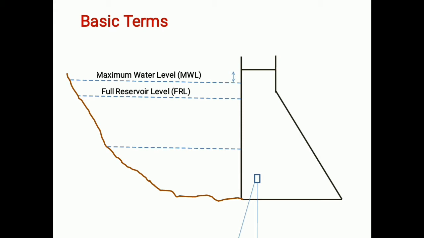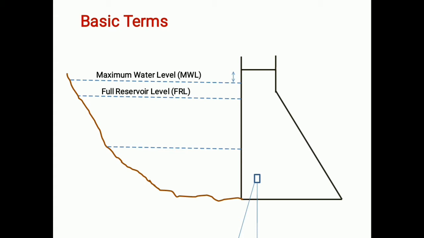Suppose the openings provided in the dam are not sufficient to pass the design flood or the maximum flood that has to be passed. For example, suppose 10 liters of water is to be passed through that opening, but it only passes 5 liters.